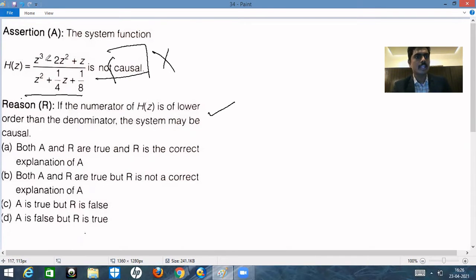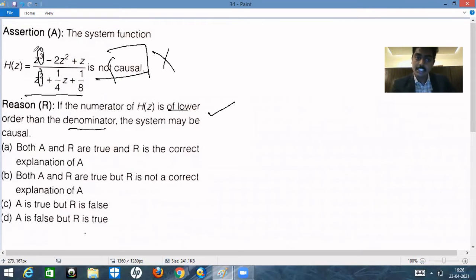So look here once: the numerator power is higher and the denominator power is lower, so definitely the system is not causal. Definitely the numerator power should be of lower order than that of the denominator. This condition should be satisfied for the system to be causal. Since the numerator power is greater, definitely the system is not causal.